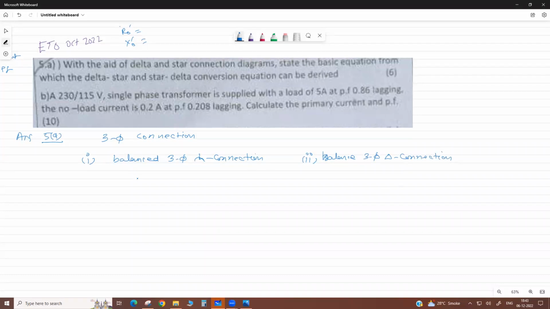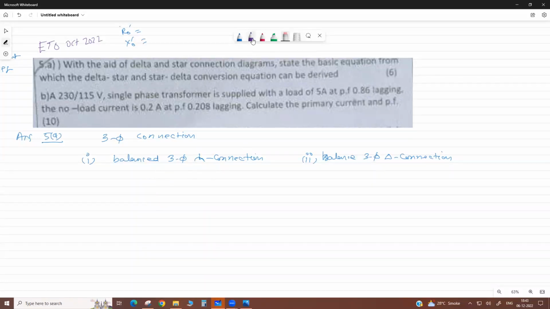So let us take a three-phase induction motor or three-phase transformer winding, which is balanced. So let's say star connection. Here is the impedance, which has a resistance and reactance combination.